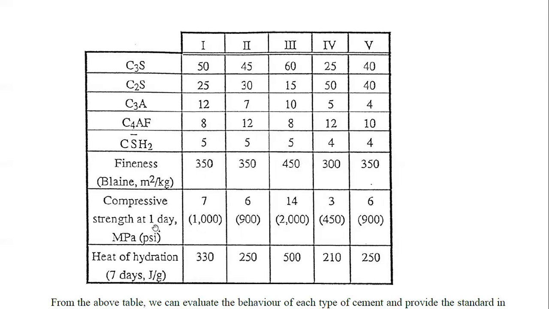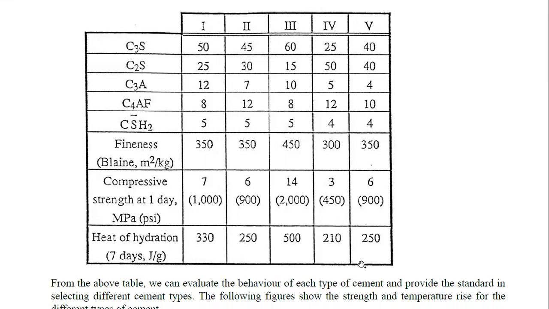Compressive strength, in Newton per mm square, is 7, 6, 14, 3, and 6 for types 1, 2, 3, 4, 5 respectively. Heat of hydration at 7 days, in joule per gram, is 330 for type 1, 250 for type 2, 500 for type 3, 210 for type 4, and 250 for type 5.